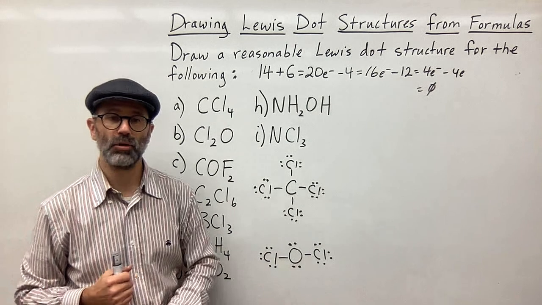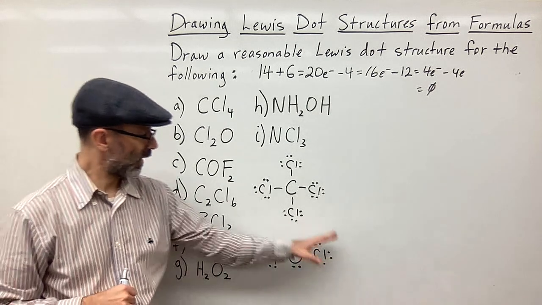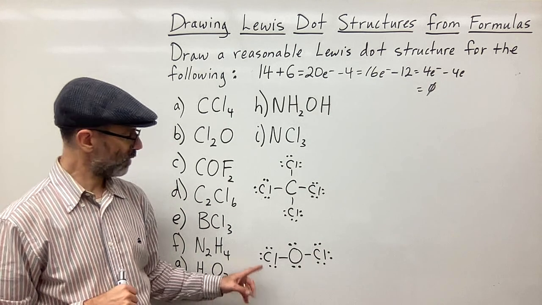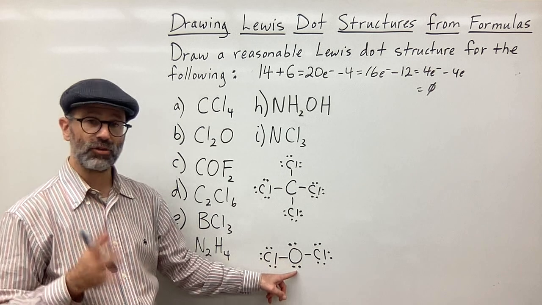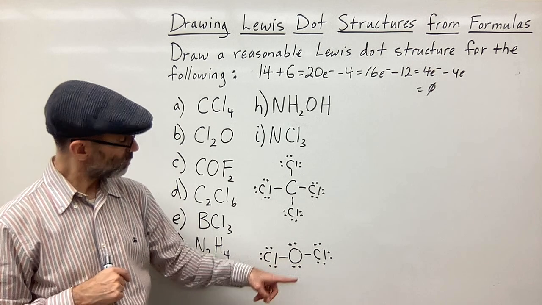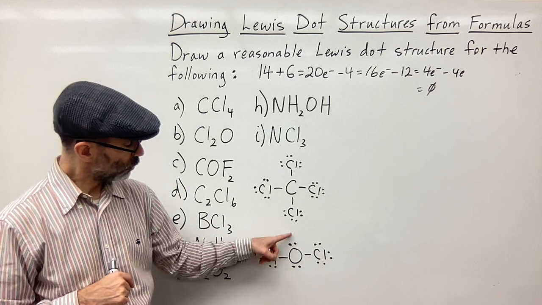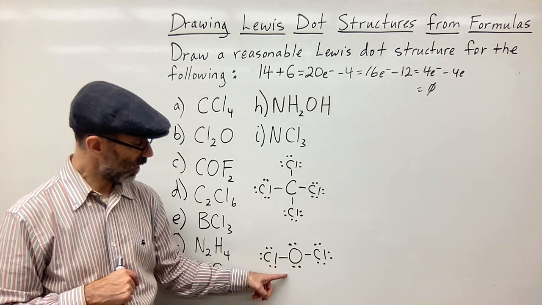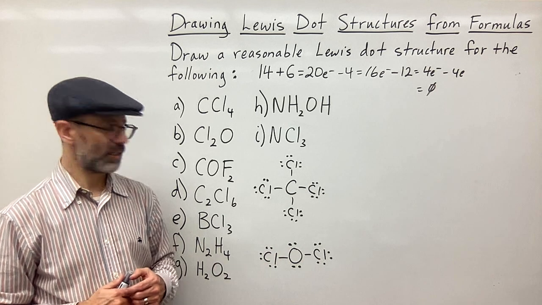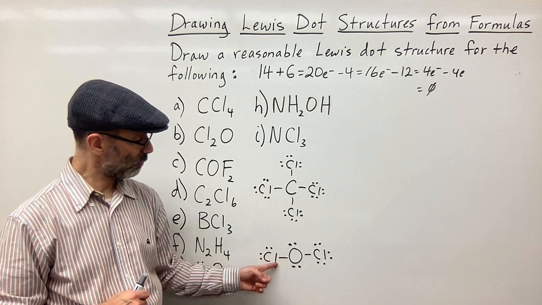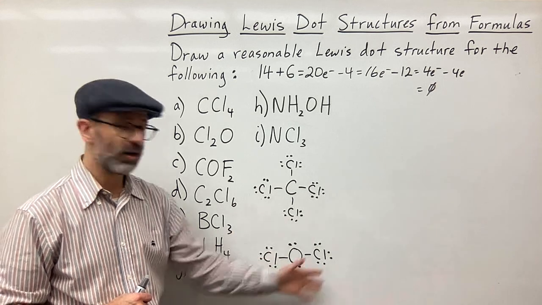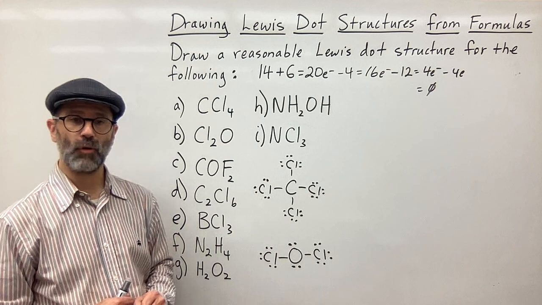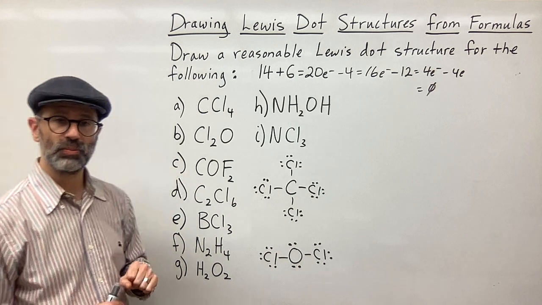Now I double check my Lewis structure to see if everyone's happy. The chlorines are happy with an octet. Oxygen, the central atom, is usually going to be the problem, but here we have 2 bonds, 2 lone pairs. That's 8 electrons. Oxygen has its own octet. And notice that the bonding pattern fits, right? Oxygen loves to have 2 bonds and 2 lone pairs. So here is our Lewis dot structure for Cl2O.